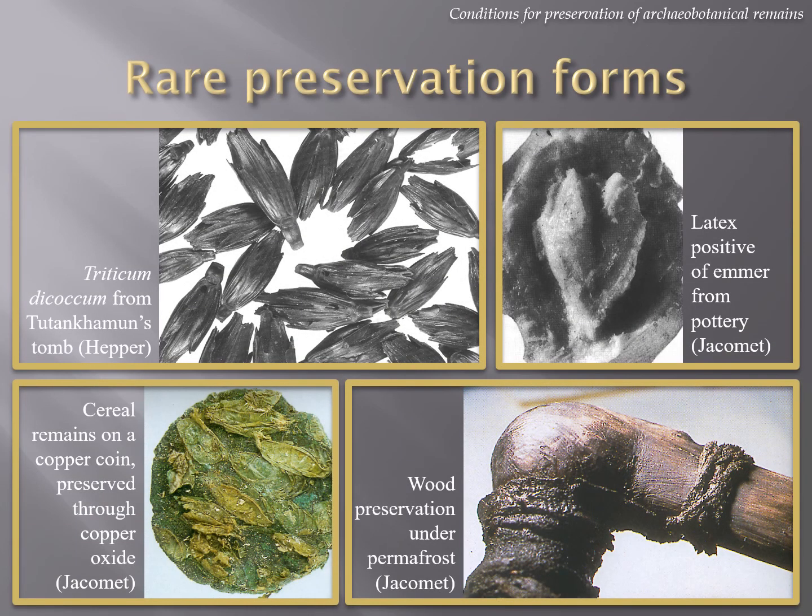Rare forms of preservation are those under completely dry or permafrost conditions, mineralization, and plant impressions. Completely dry conditions are generally possible in deserts or enclosed units, such as the tomb of Tübingen.